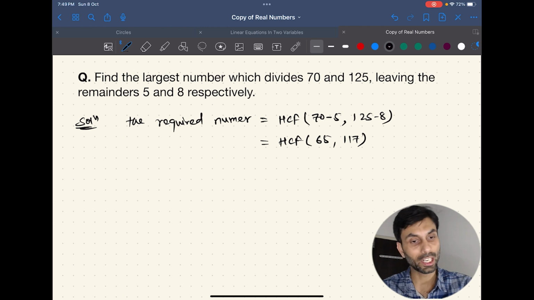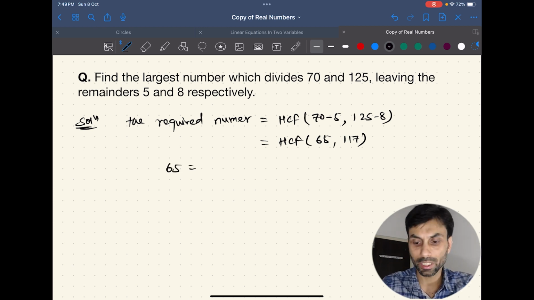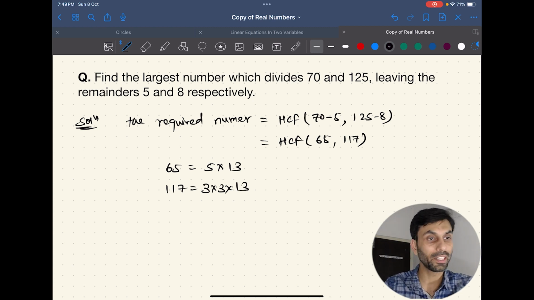Now we have to find the HCF, so let's prime factorize. The prime factorization of 65 will be 5 into 13, and the prime factorization of 117 will be 3 into 3 into 13. So as we can see, between these two numbers, the common prime factor is only 13.